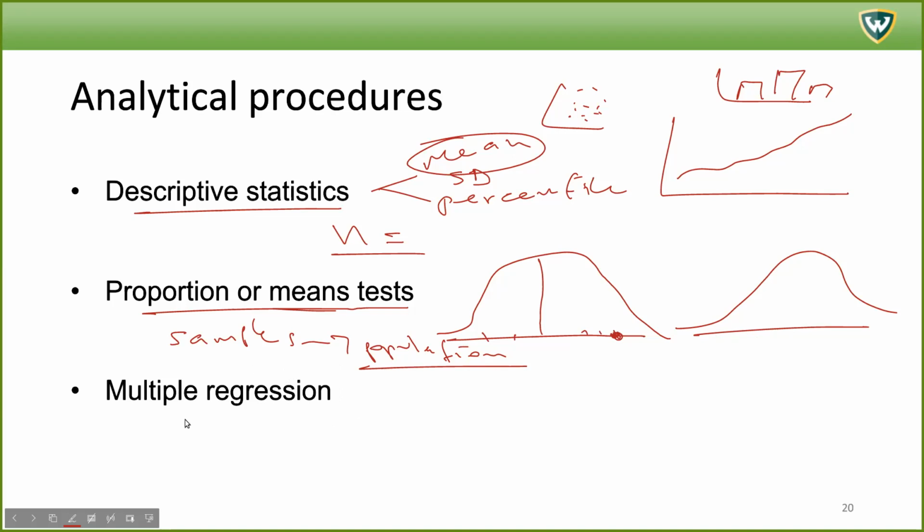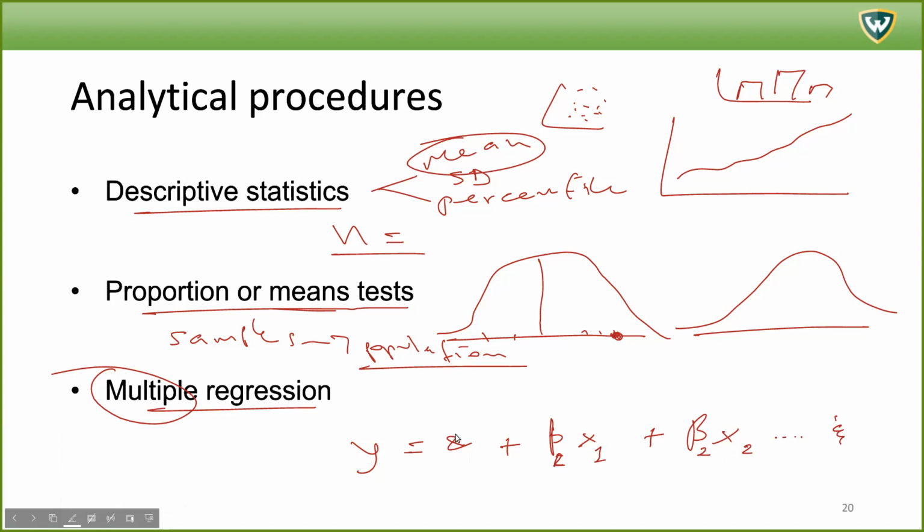And lastly is multiple regression. Multiple regression is looking into how one variable impacts, or multiple variables. When we're talking about multiple regression, we examine regression with one variable, but usually this is number one, number two, error.